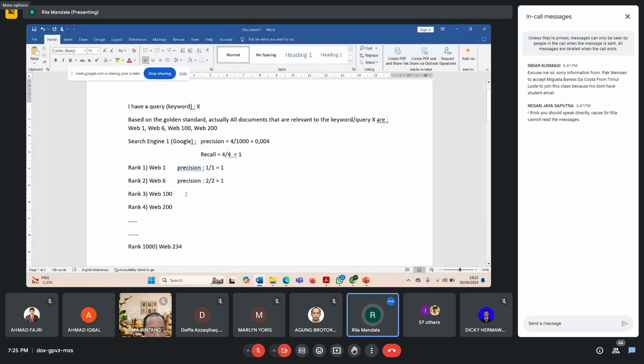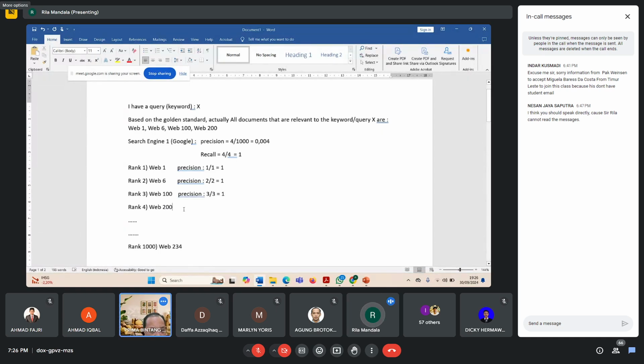Okay, rank 3. Web 100 relevant or not? Yes, relevant, right? So we compute the precision at that time. How many true positives? 3. 3 divided by 3. Yes, that's correct. Equal 1.